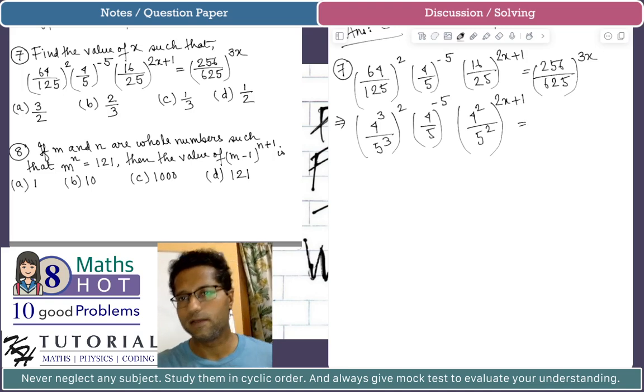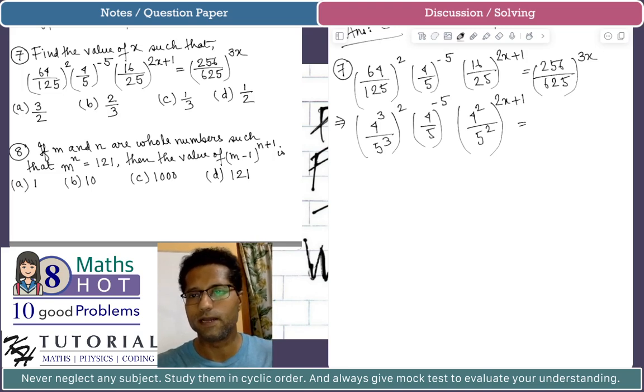And on the right hand side, the base 256 by 625, the numerator 256 I will write it as 4 raised to the power 4. So 16 into 16 is 256. So 4 raised to the power 4 is equal to 256. Similarly, 5 raised to the power 4 is 625.